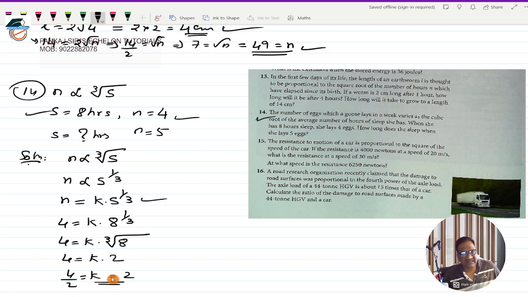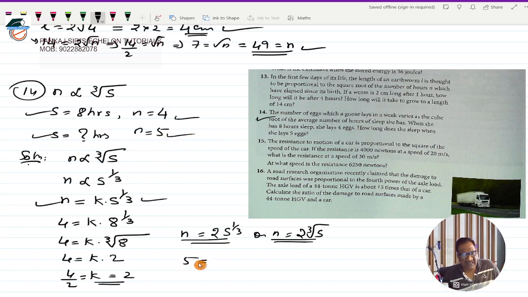Now this k equal to 2, I'm going to put it in this formula. So I get n equal to 2 times s raised to 1 by 3, or you can say n is equal to 2 times cube root of s. Both have the same meaning. Now this formula I'm going to use to find out the value of s when n is equal to 5.